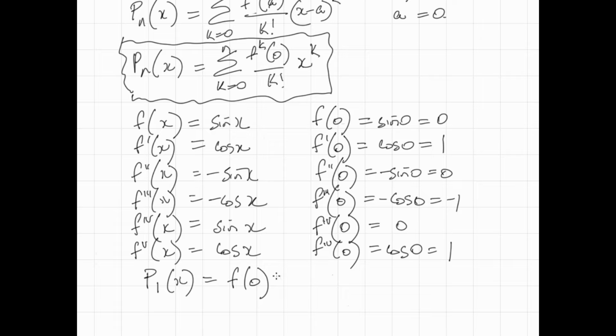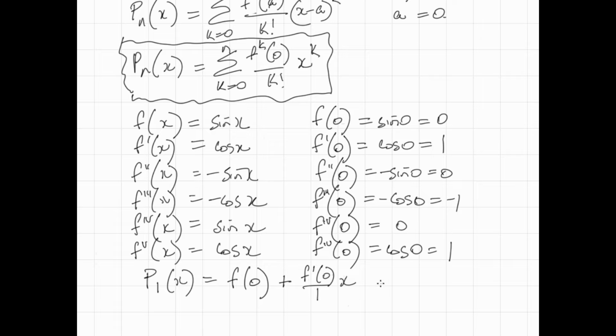So that'll be just f of 0 plus, now putting k equals 1, f dash of 0 over 1 factorial, which is 1, times x to the power of 1, which is just x.